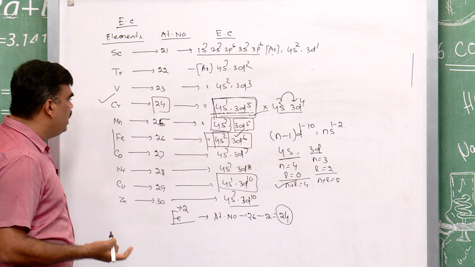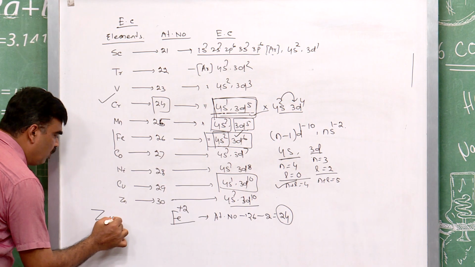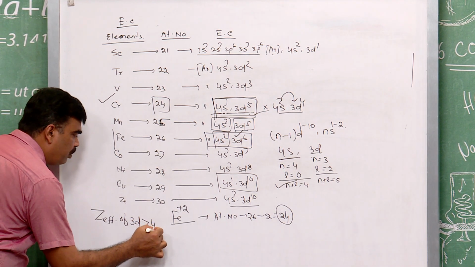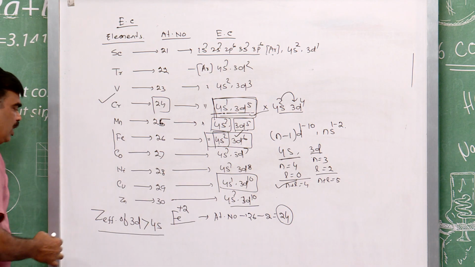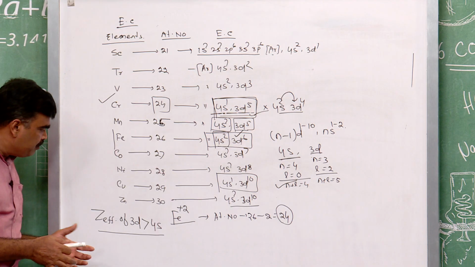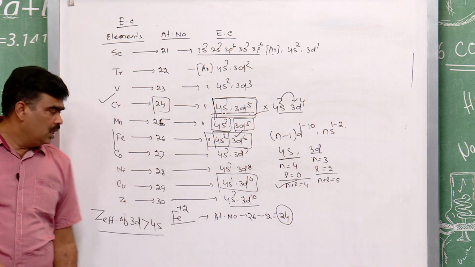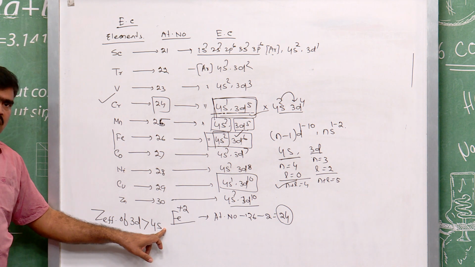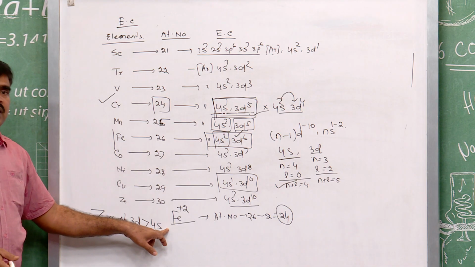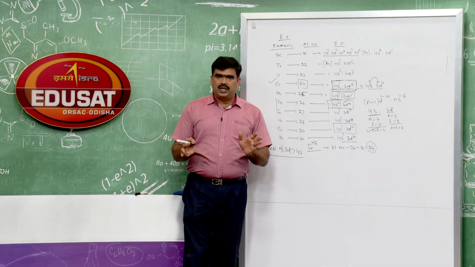One reason is effective nuclear charge. The effective nuclear charge of the 3d subshell is greater than that of 4s, meaning the hold of the nucleus is stronger on the 3d subshell. So these electrons will not be let go. Rather, the 4s electrons will be removed because their effective nuclear charge is lower than that of the 3d subshell.